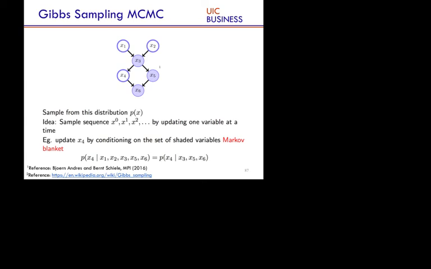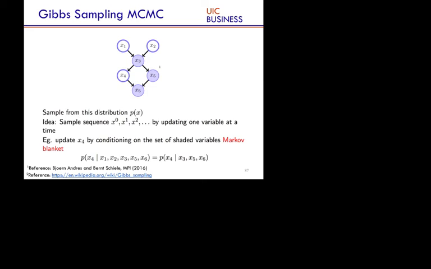And the idea is you sample this sequence by updating one variable, as in one coordinate, at a time. So what is meant by updating? We get a realization of the 4th coordinate by conditioning on all other coordinates.